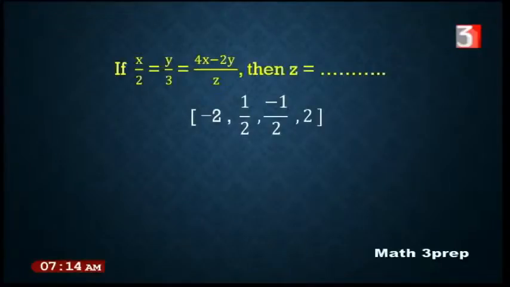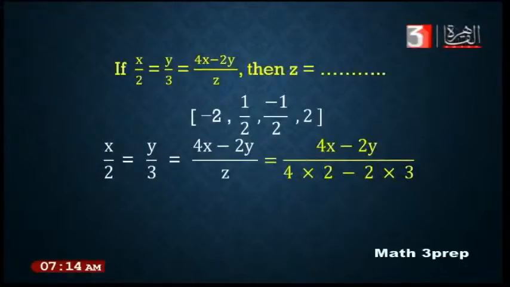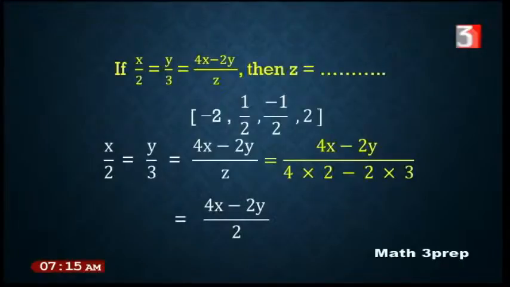So x over 2 equals y over 3 equals 4x minus 2y over 4 times 2 minus 2 times 3, which is 4x minus 2y over 2. As it is 4x minus 2y over z, then z equals 2, which is considered the fourth choice.